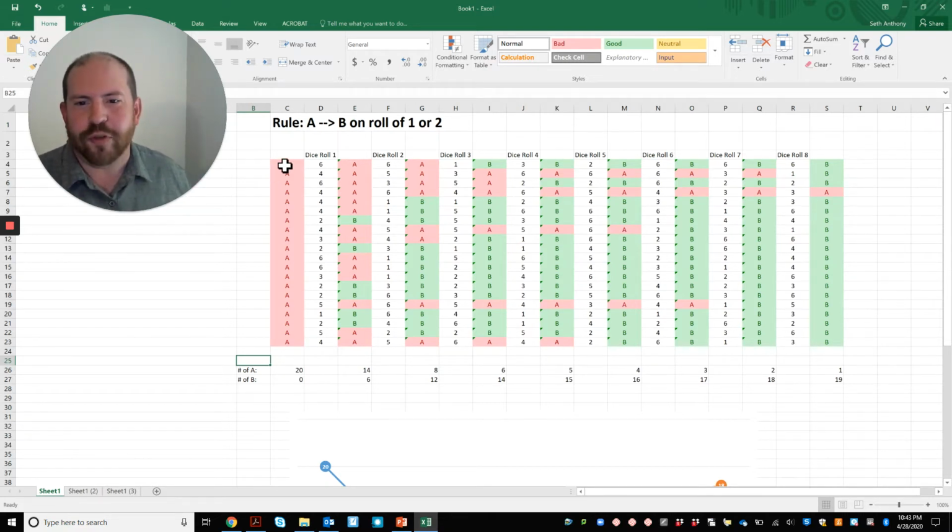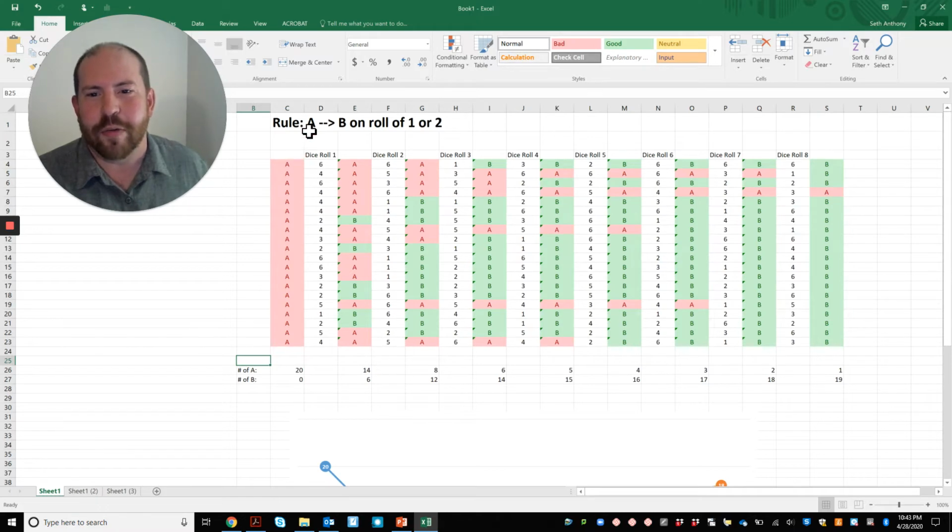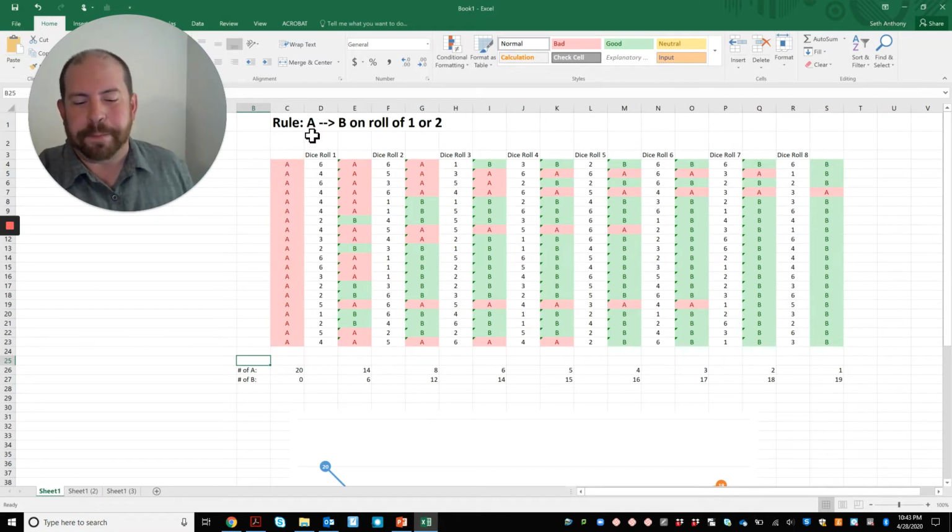Imagine I have 20 molecules or 20 people in a class, each of whom is pretending to be a molecule, and I have a chemical reaction. A turns into B. And A turning into B doesn't happen all at once. It happens over a period of time, like any chemical reaction does.